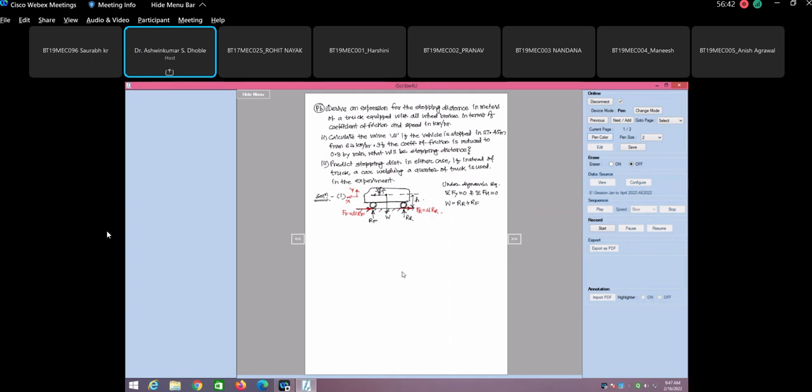So this is one thing, and second is W/g into F is equal to mu into RR plus RF.